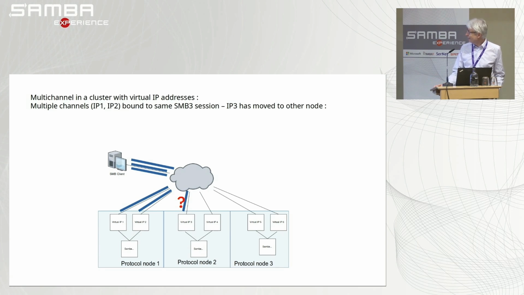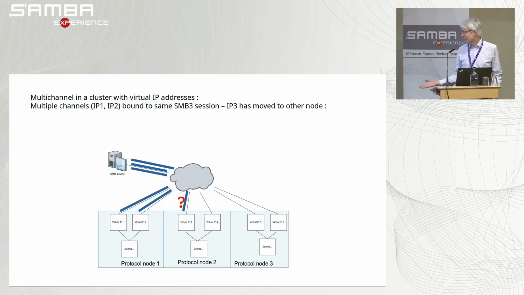That scared us for a long time. We said, okay, we would like to do multichannel, but this is a problem. We don't really know how to dynamically update the configuration when we add an IP or remove an IP. What do we do when these IPs are in use by a multichannel? Will there be races between what the client sees and what the server sees, how the IPs are started and running?